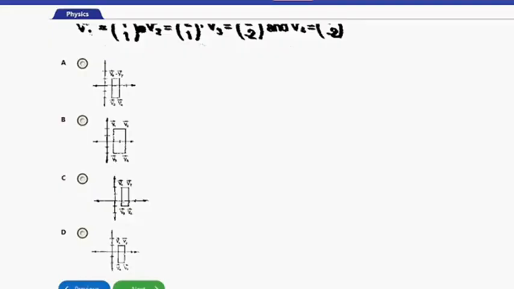So if you check V3, you see it's at negative 2 on Y axis, and also a positive 2 on the X axis. But if you check V4, you notice that it's also at negative 2 on the Y axis, but it's at 1 on the X axis. So you see the numbering and the diagram here in option D. That's the correct one for this. So option D is the answer to this question. Let's go ahead and consider the next question, guys.